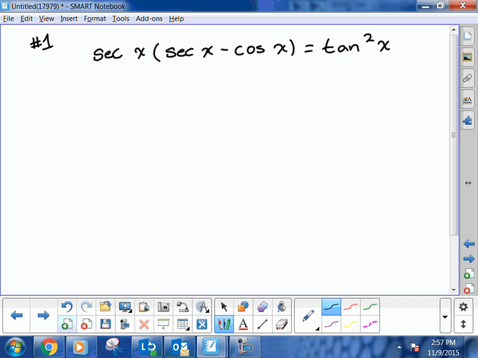Now, first of all, I do want to discuss a little bit of tangent of x, especially since you're just starting with these. I want you to think about what is equivalent. There are two identities we've written down that are equivalent to tangent squared of x. I want you to name at least one of them. I'm going to call on somebody randomly.